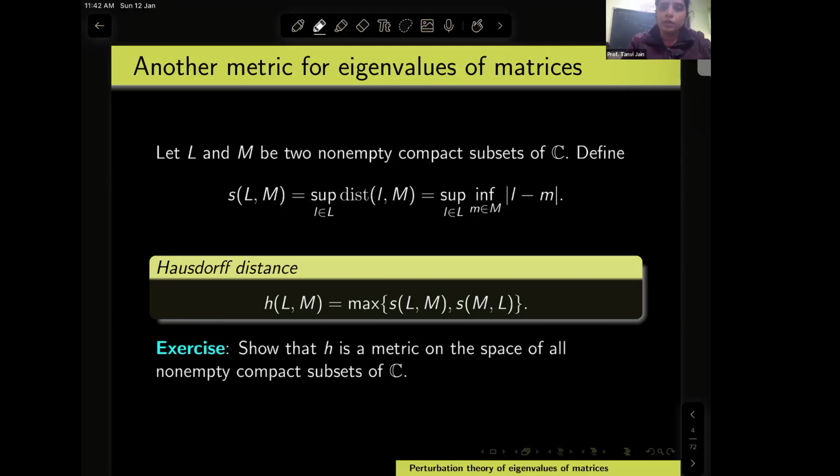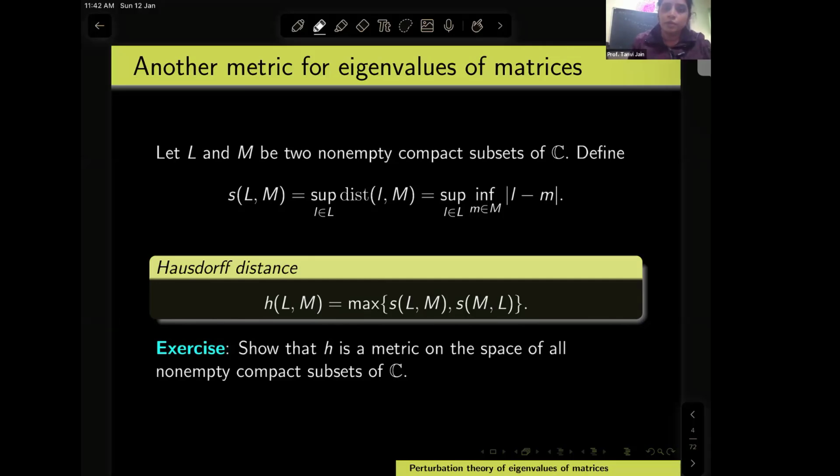As soon as I ignore multiplicity, from lambda A I come to sigma A, that is the set of eigenvalues, the spectrum. And here I will define the distance not on the unordered tuples, but on the spectrum of the matrices. For that, again, there is a forthcoming exercise in metric spaces: take any two non-empty compact subsets L and M of C.